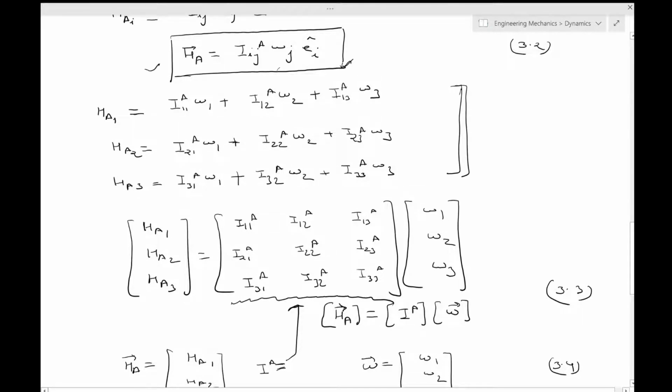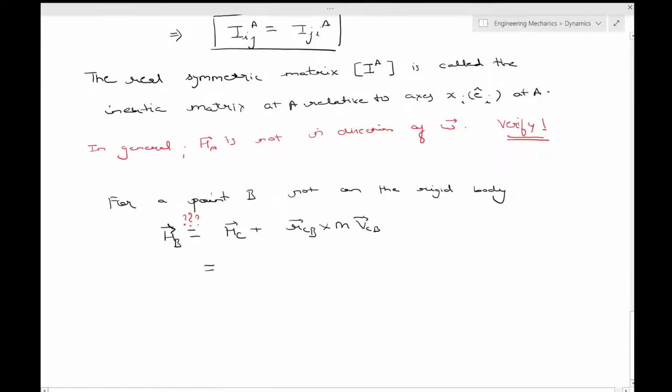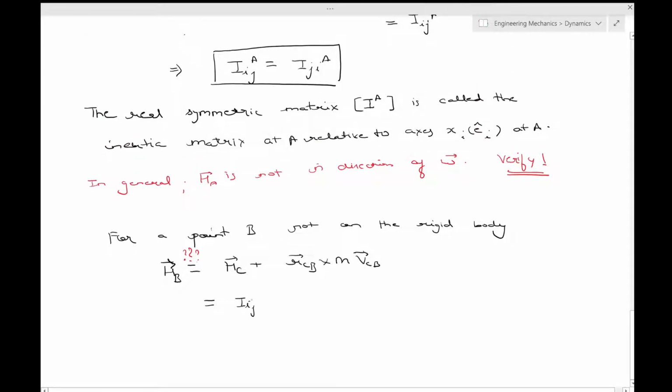So we would write it as I_ijC omega_j E_i, plus r_CB cross m v_CB.